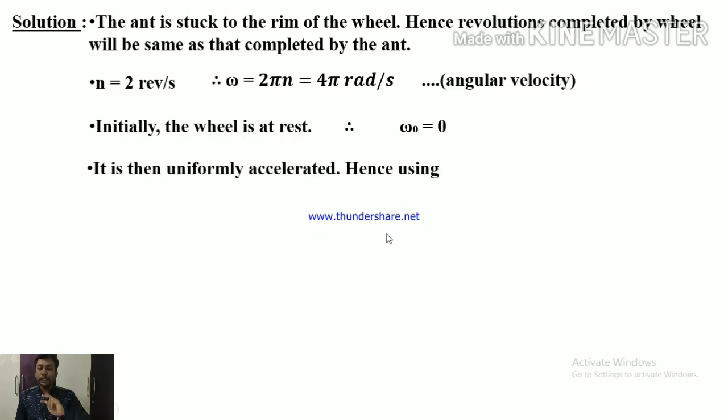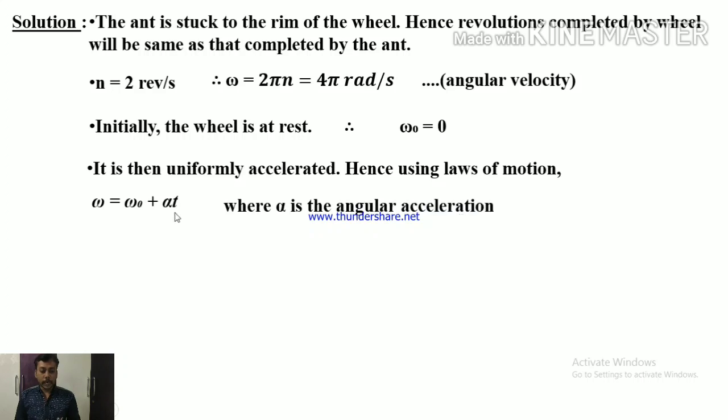From the initial and final angular velocities, the kinematical equation is used. In the example it is given that the acceleration is uniform. So we use omega equals omega 0 plus alpha t, where alpha is angular acceleration.